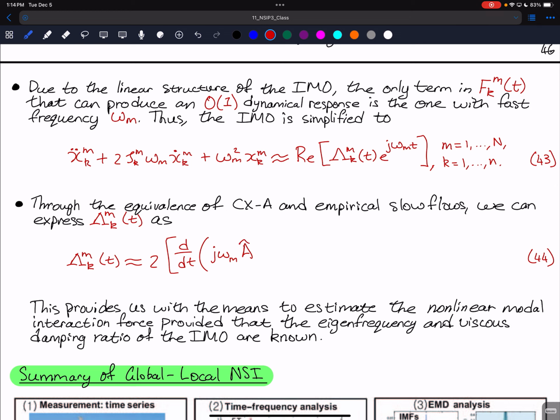Here I'm using the hat to represent the Hilbert transformed amplitude of the corresponding IMF, and theta hat is the phase of the IMF extracted using the Hilbert transform.